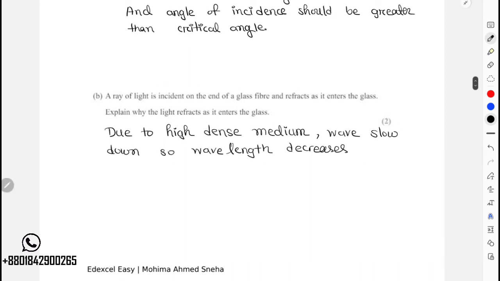So wavelength decreases, changing the direction. Right, and this change in direction is referred to as the overall refraction. So this is the final answer.